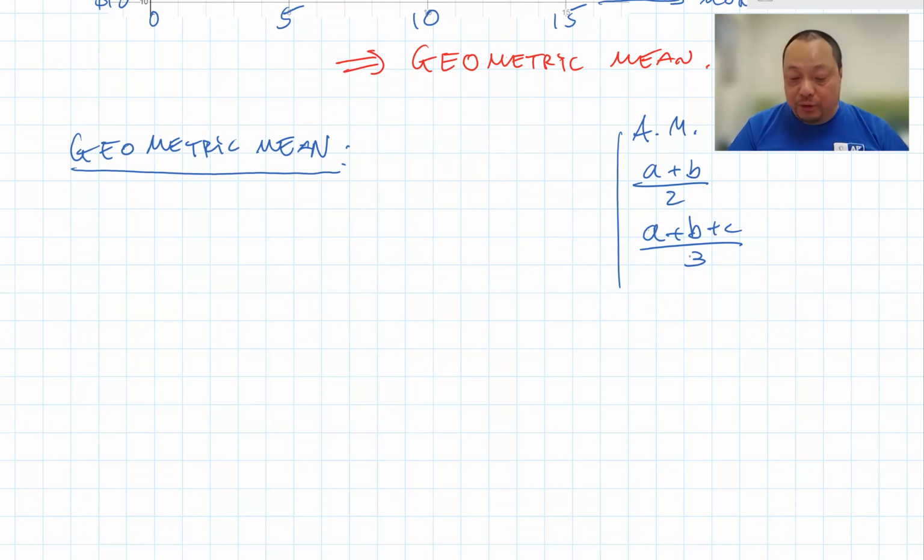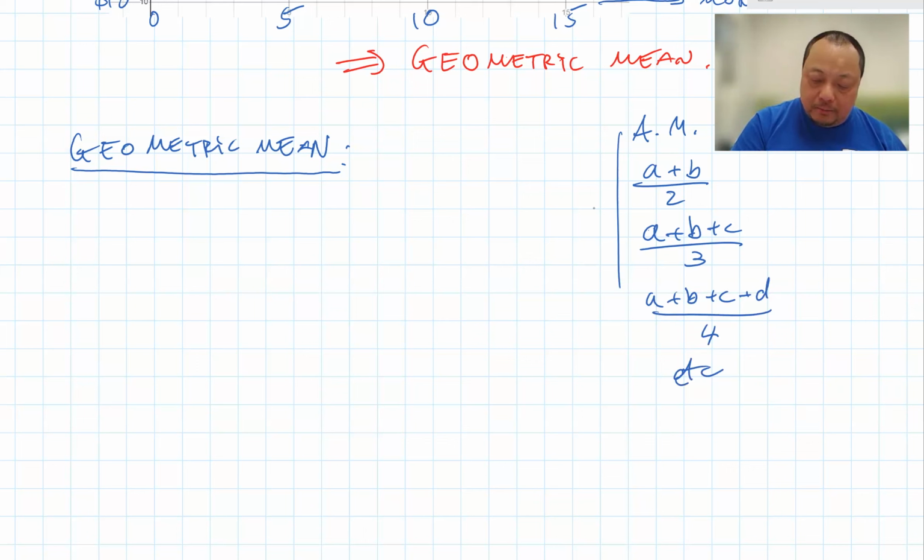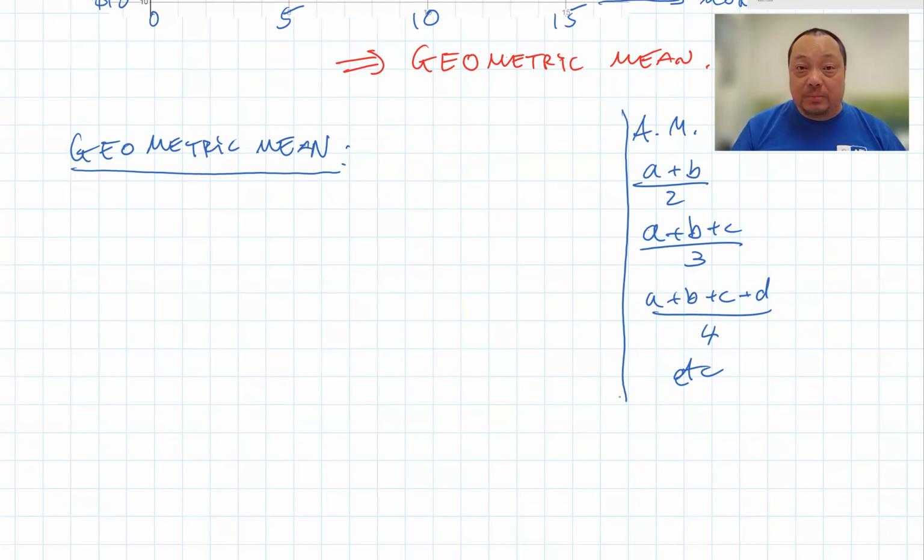If you have four numbers, it's A plus B plus C plus D over 4, etc. That's the arithmetic mean. The geometric mean goes like this. If you have two numbers, then what you do is you multiply them together, A times B, and then you take the square root of them.